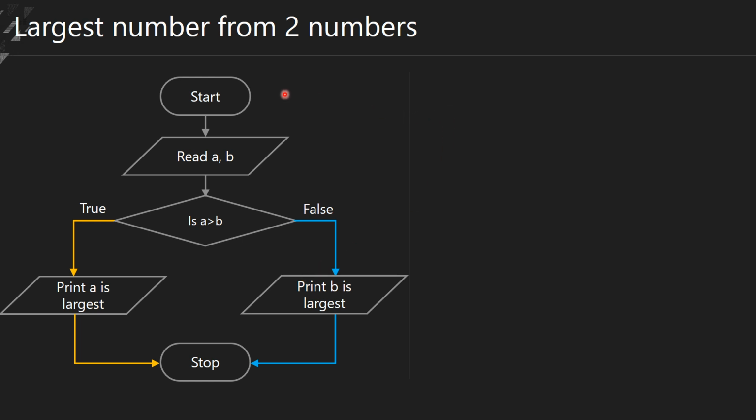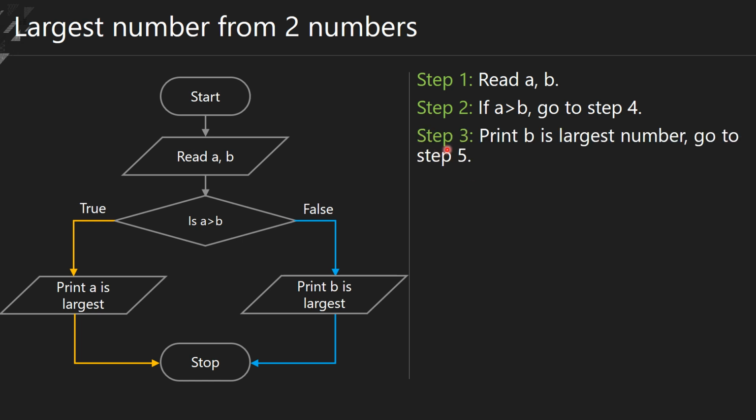How do you write it similarly as an algorithm? Read the two numbers A and B, then check if A is greater than B. Go to step 4. Step 4 means you have to print A as the largest number. Then step 3, otherwise print B is the largest number. Go to step 5.